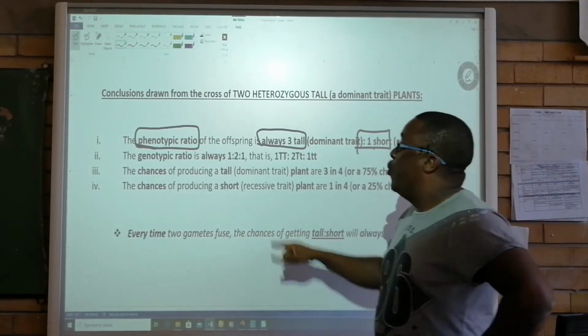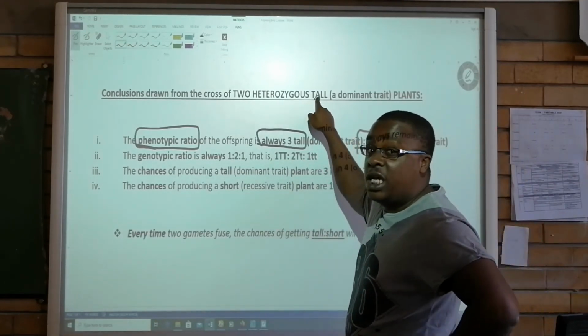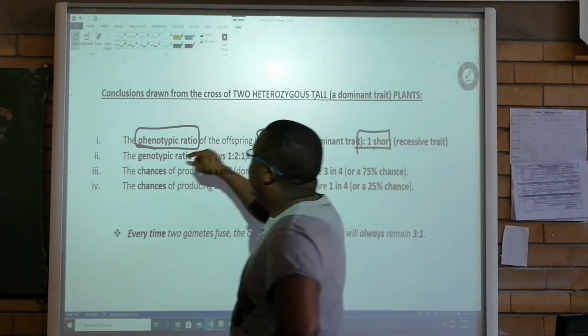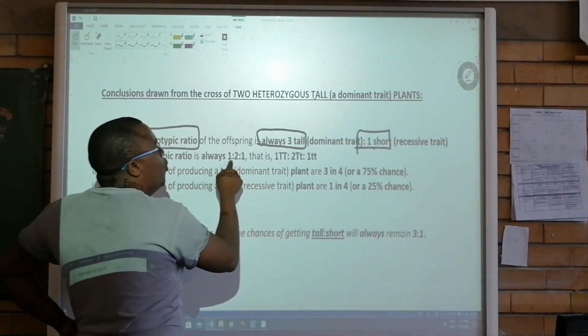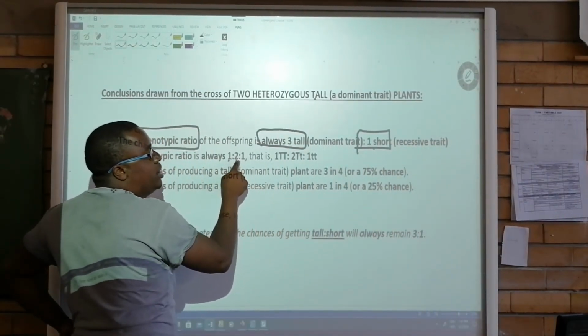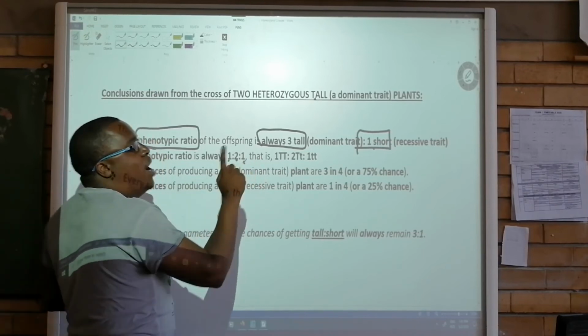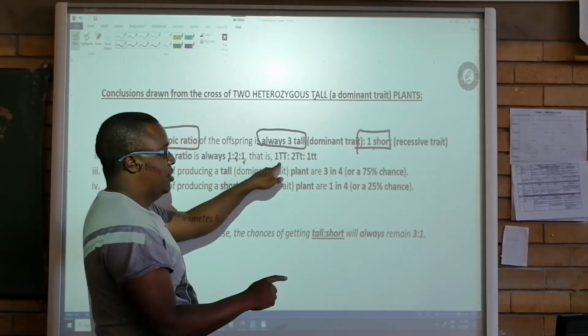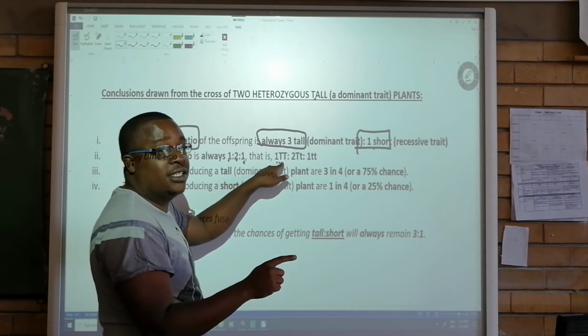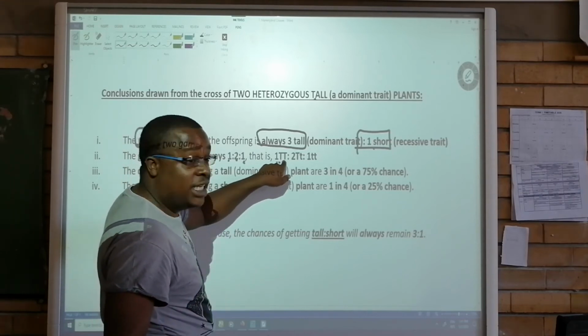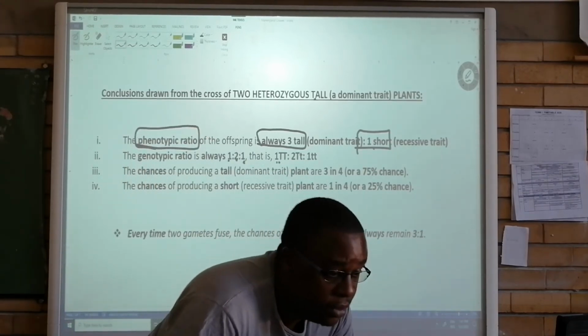Right. When was it crossing what? Two heterozygous tall. The genotypic ratio was always 1:2:1, where 1 is for the homozygous trait. Can you see this? 1 homozygous dominant. Let me blow this up.